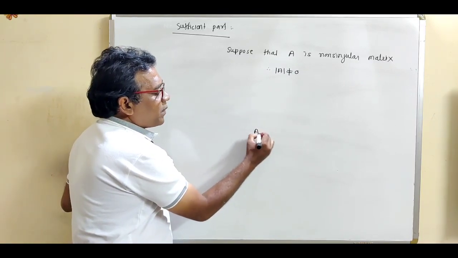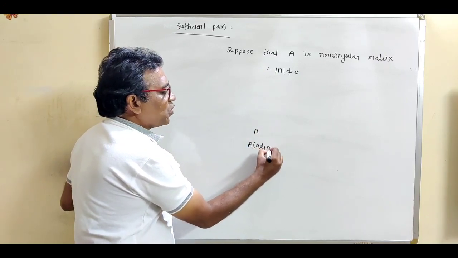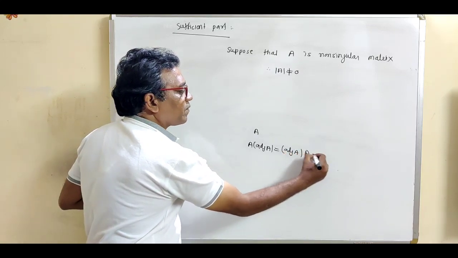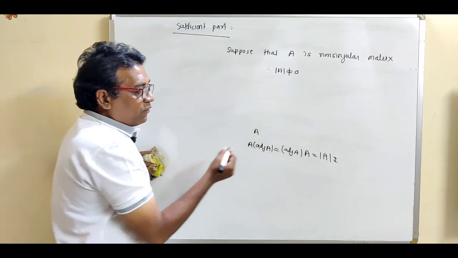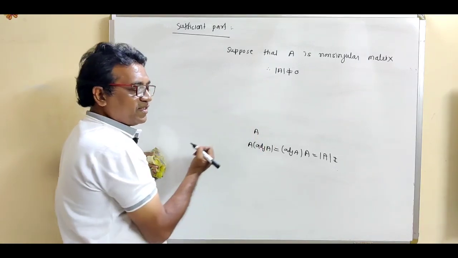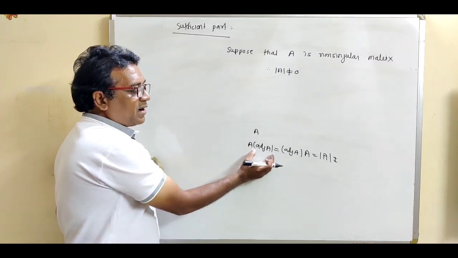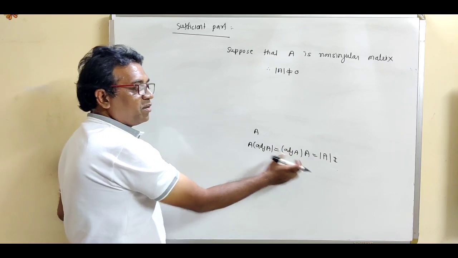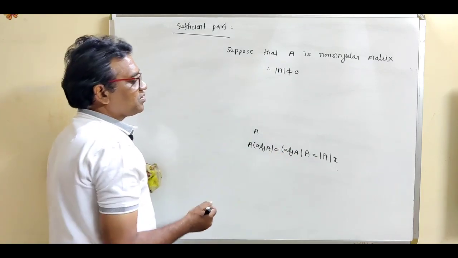For any square matrix A, we know that A and adjoint of A commute with each other. For any square matrix A, we have shown that the product of A and adjoint A is same as adjoint of A into A is equal to determinant of A into R. So this is the standard result. So let us use this result.